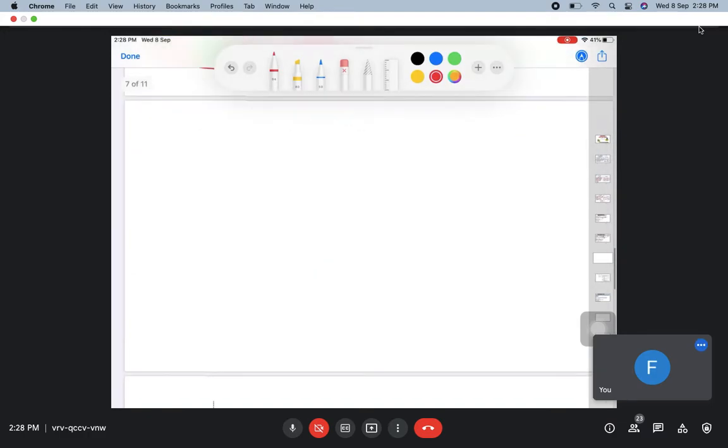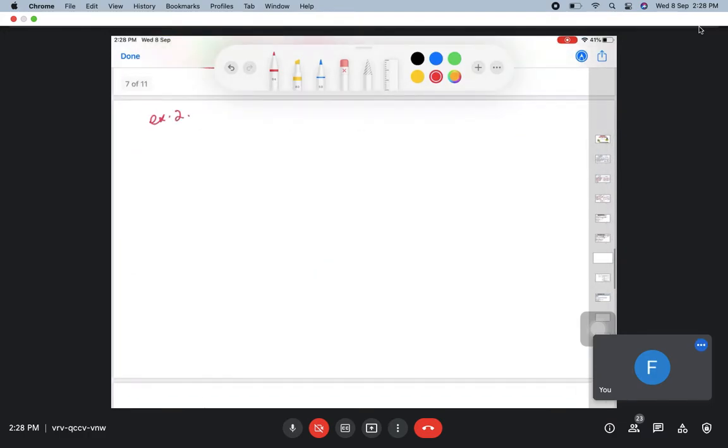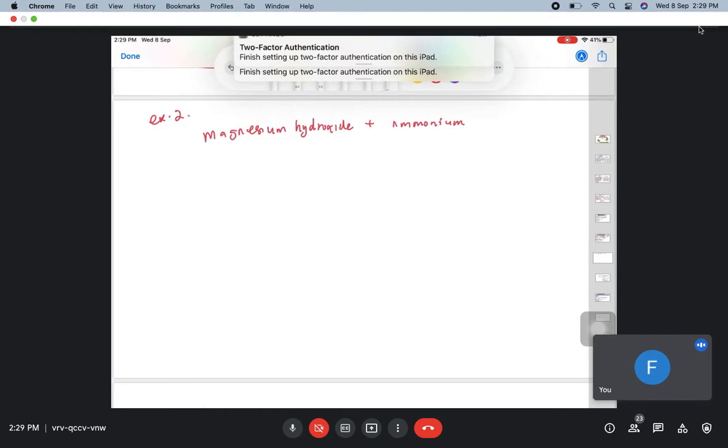Another example. Let's say we have magnesium hydroxide plus ammonium sulfate.